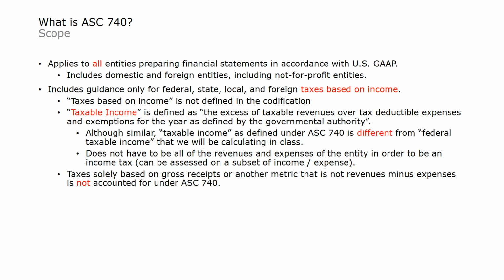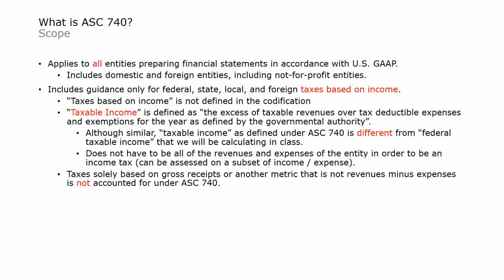Although similar, taxable income as defined under ASC 740 is and can be very different from the federal taxable income that we'll be calculating in class. As we go through class, we will have a lot of activities, a lot of calculations with what's known as a book to tax calculation.